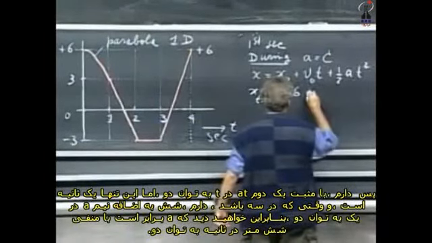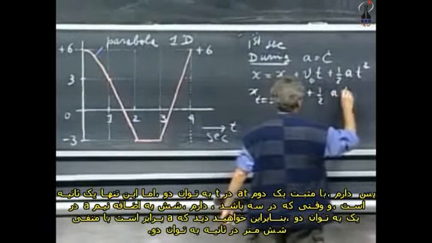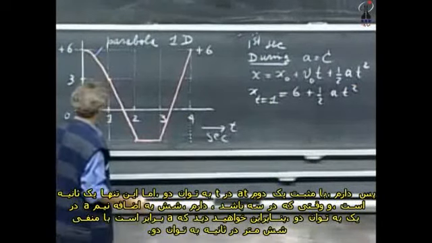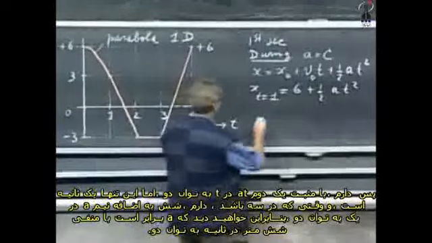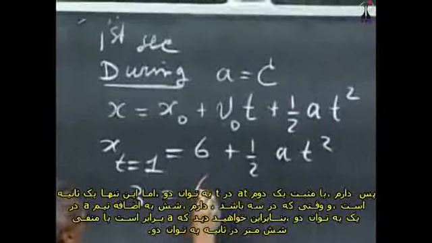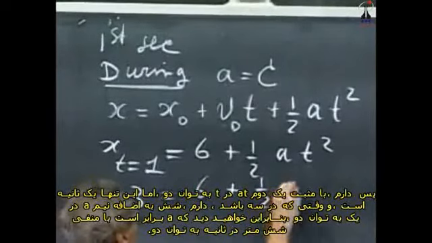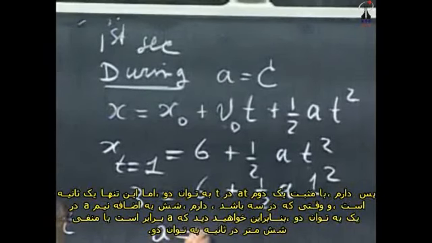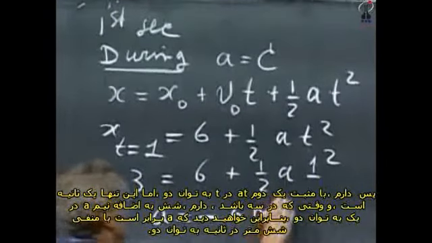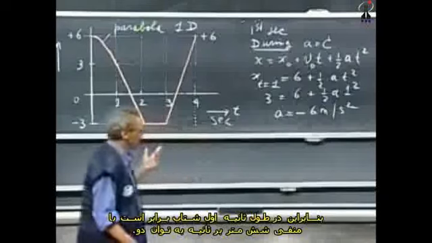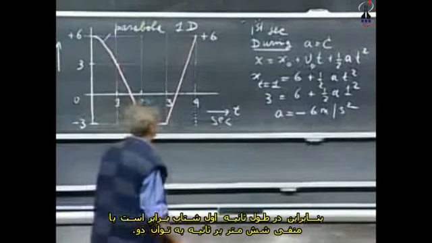And I get plus 1/2 times a t squared, but this is only 1 second. And so when it is at 3, I have 6 plus 1/2 a times 1 squared, and so you'll find that a equals minus 6 meters per second squared. So during this first second, the acceleration is minus 6 meters per second squared.